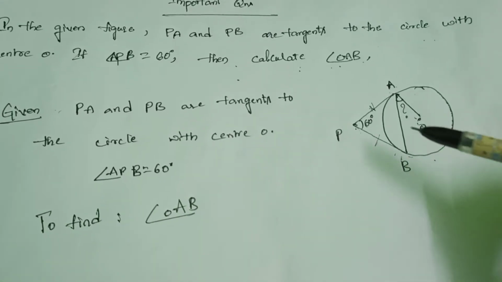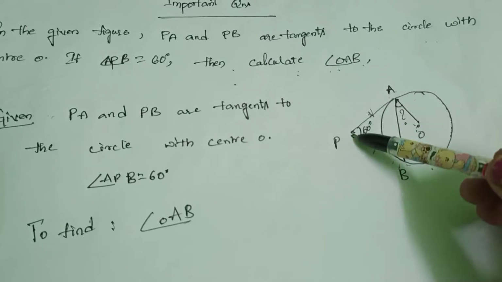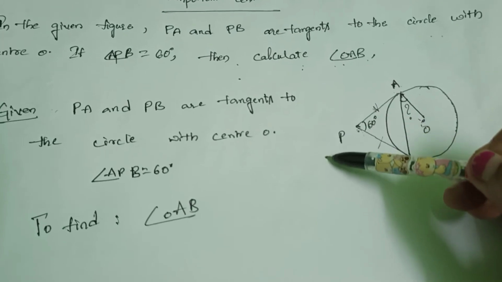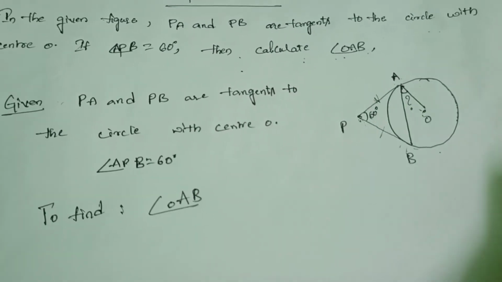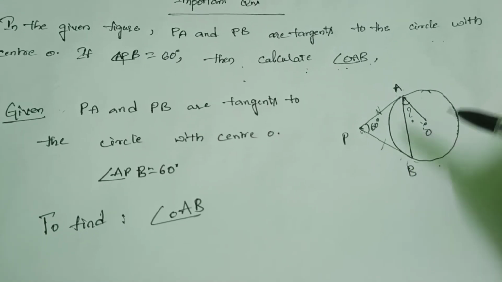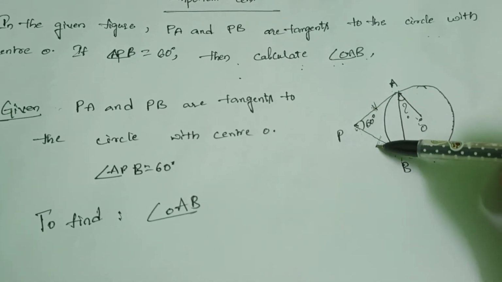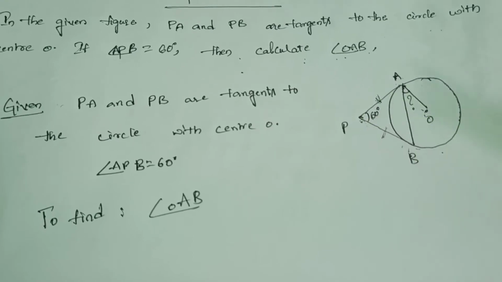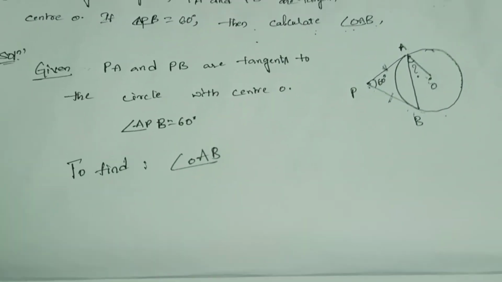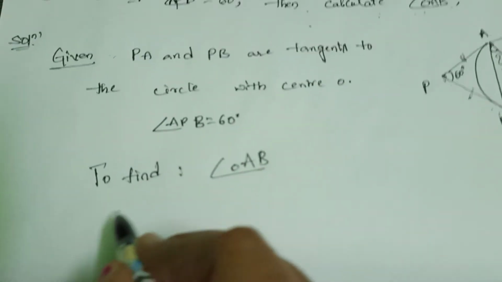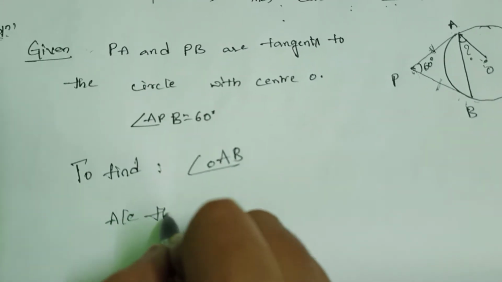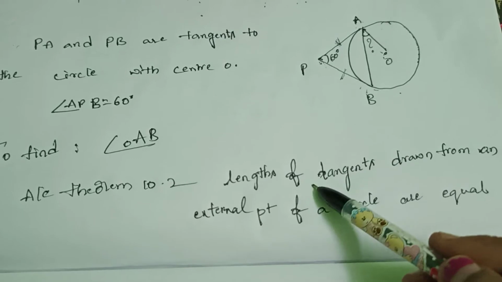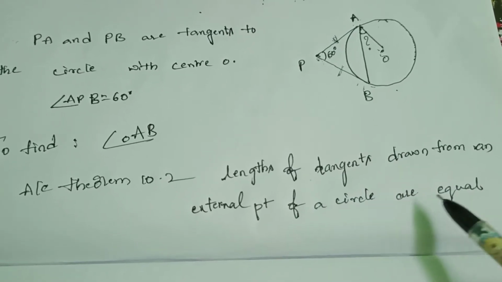See this figure. Here PA and PB are tangents to the circle from an external point P. According to theorem 10.2, lengths of tangents drawn from an external point of a circle are equal.